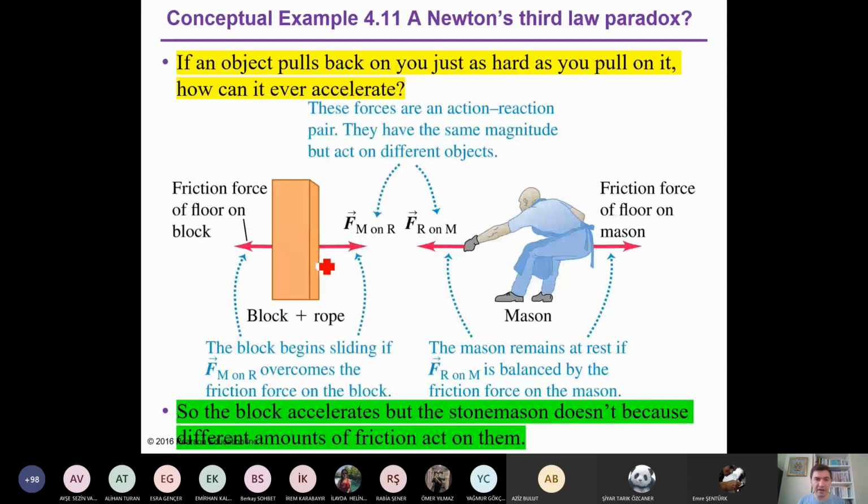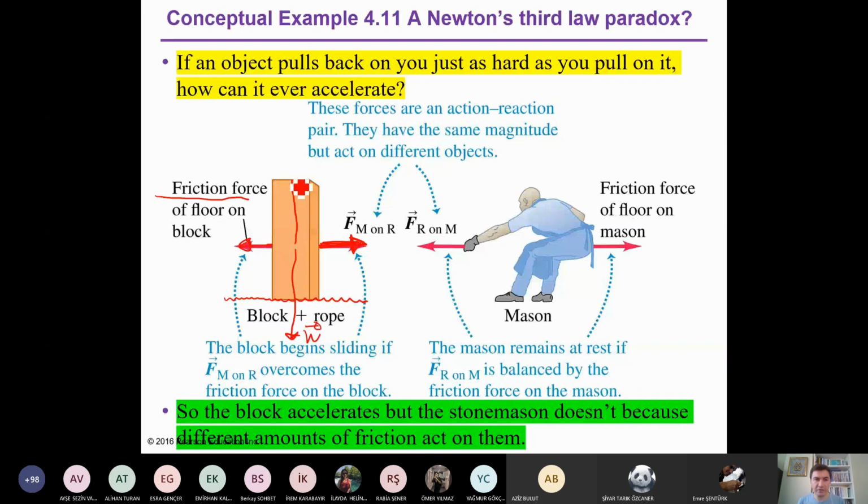Here I have the force applied by the mason on the block to the right side, and there is a friction force of the floor on the block due to the friction between the floor and the marble block. There is a weight due to gravity, and there is a normal force, okay?